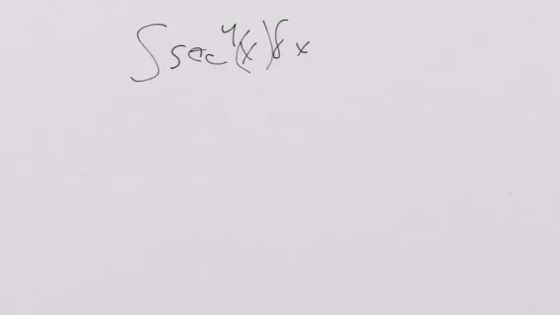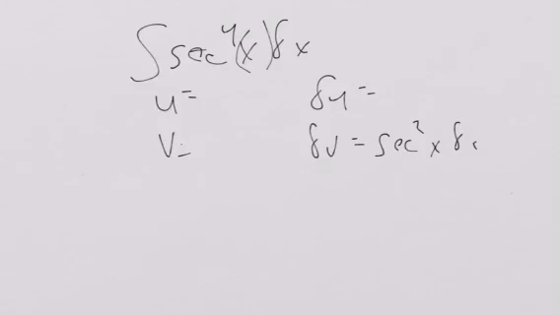Doing the integration by parts is nice. What we want to make sure we are doing when we're doing one of these secant problems, or even the tangents, I believe, is making our dv a secant squared x. In this case, that means our u would also have to be secant squared x. The integration of this term is tangent x.